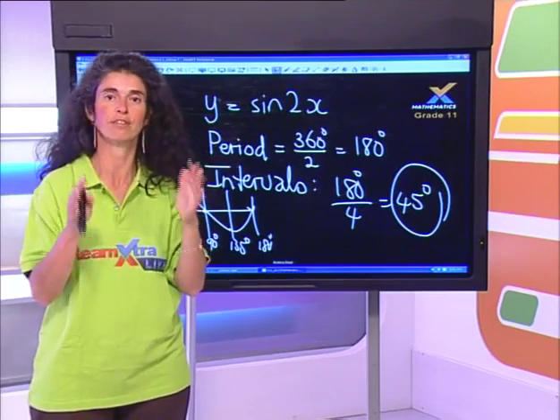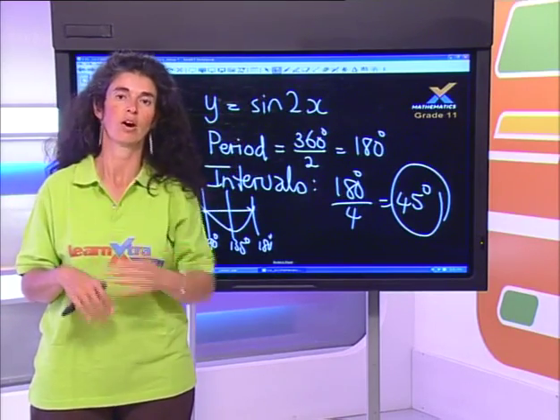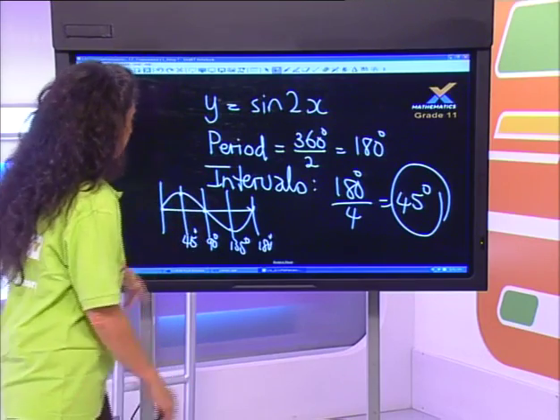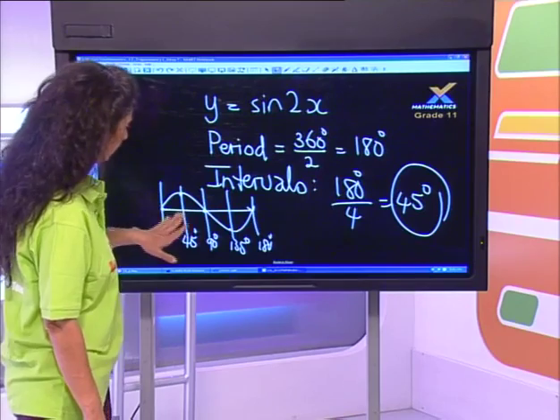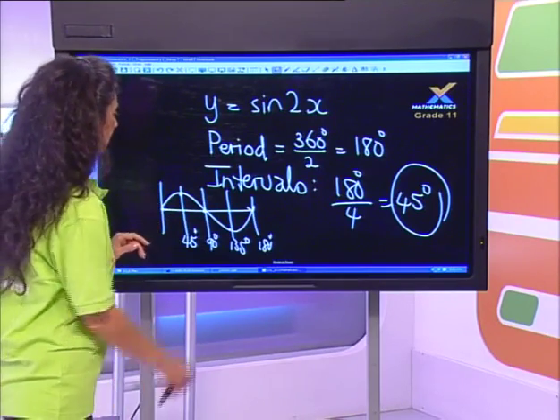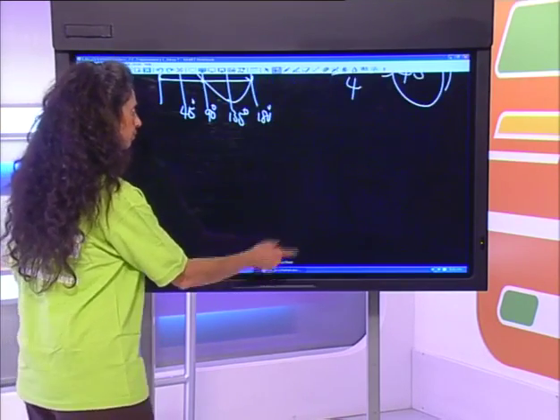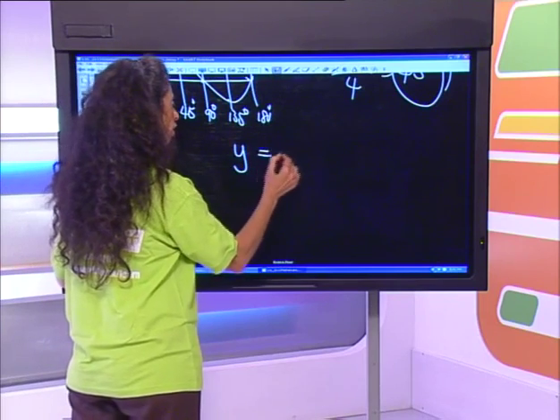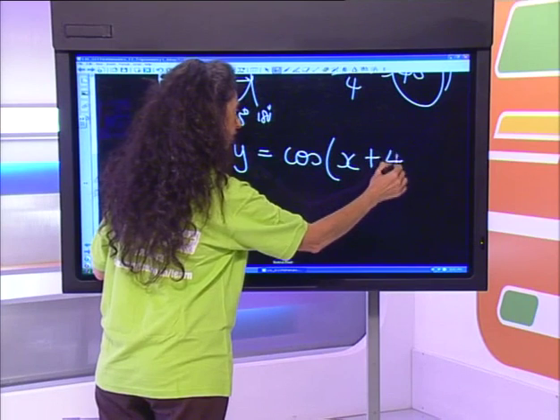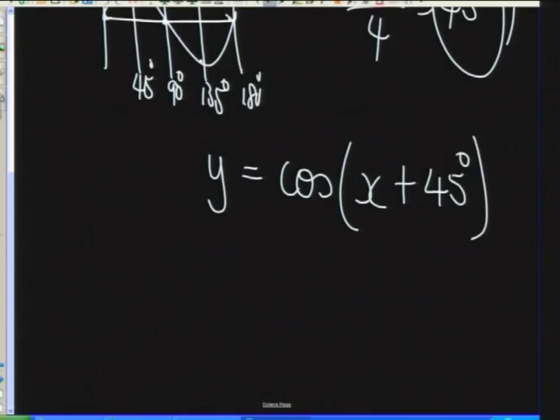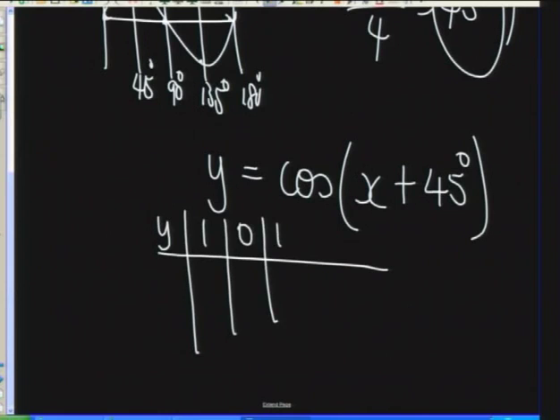So every 45 degrees you're going to be oscillating between 1 and -1. Okay, so we can go back in a moment and just see, are we happy with this? And then the other graph that they gave us was the graph of cos of x plus 45. Okay, we know that the cos graph has the y value of 1, 0, 1.